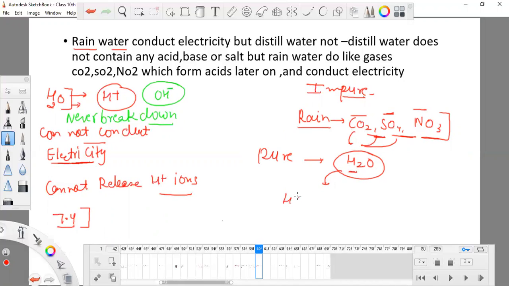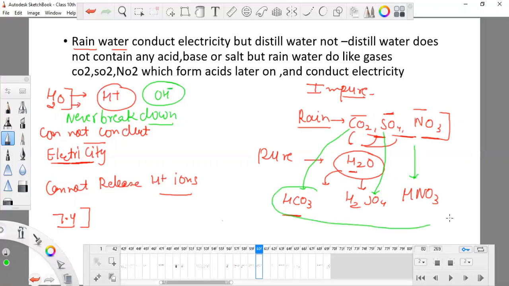CO2 with water forms carbonic acid, sulfate with water forms sulfuric acid, and NO3 with water forms nitric acid.